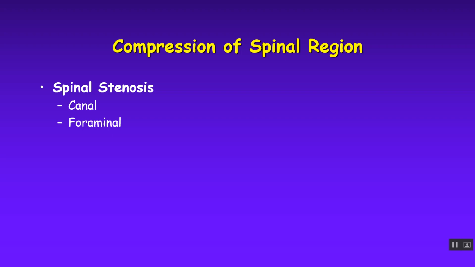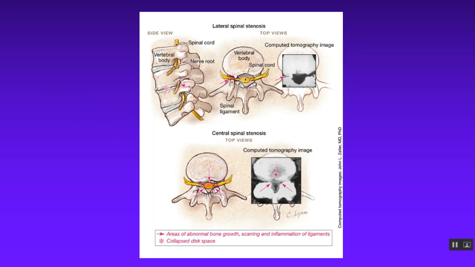You can have canal stenosis, which is also known as central stenosis, and then foraminal stenosis. So this canal is central. This is foraminal stenosis. Here's a fairly open foramen that's allowing the nerve to come through. You can see how narrowed that is. You're getting osteophytes and degeneration, and it's narrowing that.